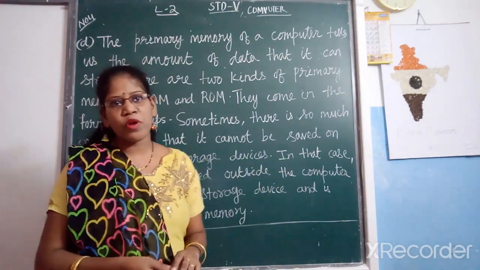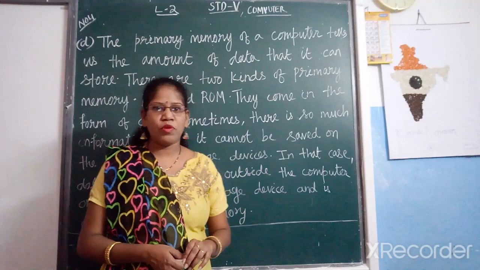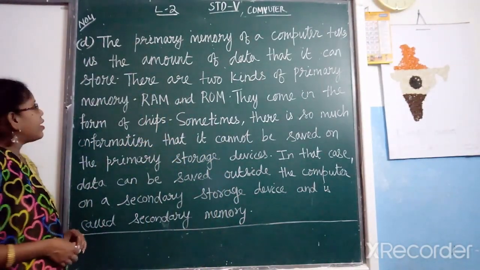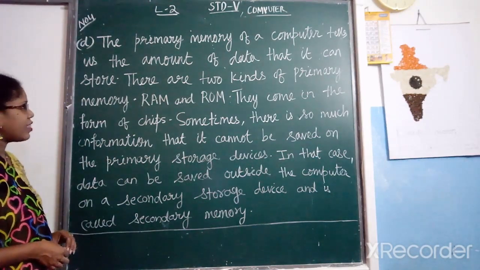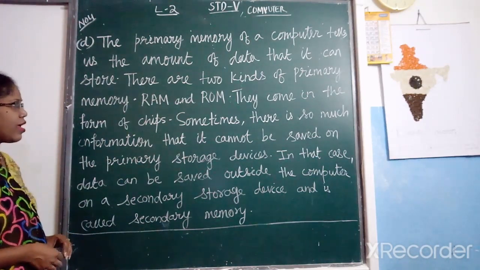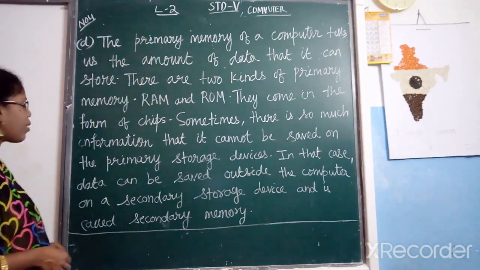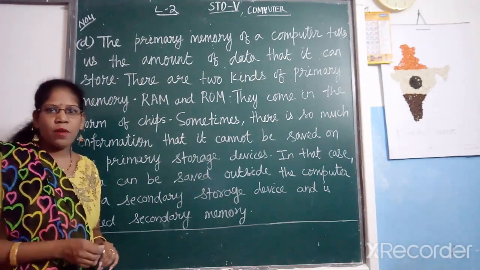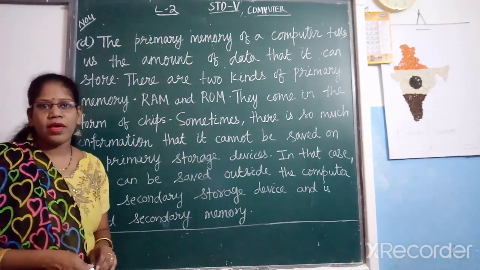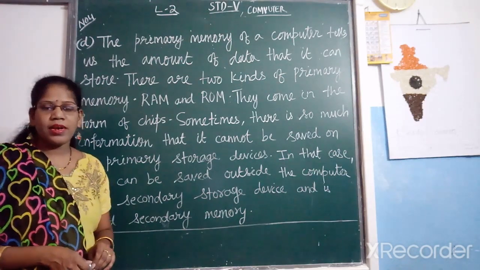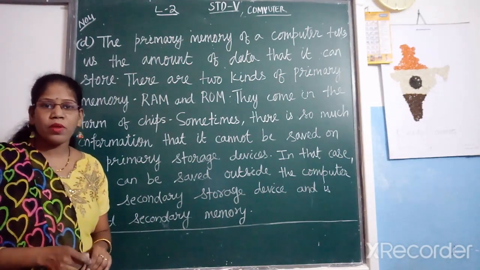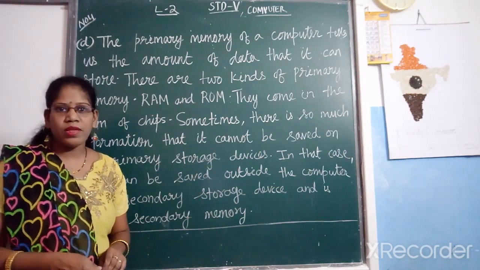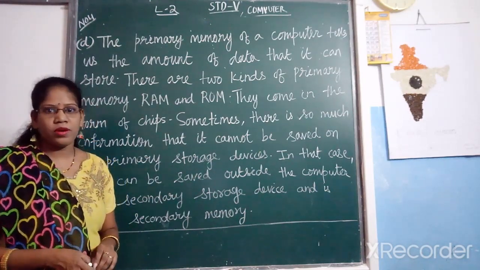What is primary memory? How is it different from secondary memory? The primary memory of a computer tells us the amount of data that it can store. There are two kinds of primary memory, RAM and ROM. Primary memory is the main memory of our computer.